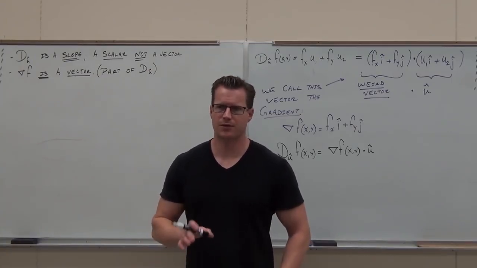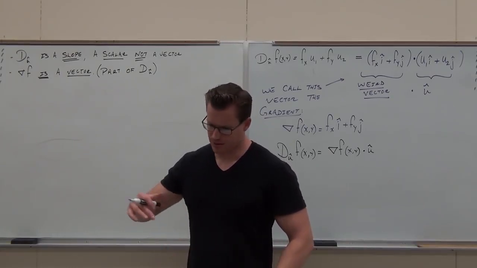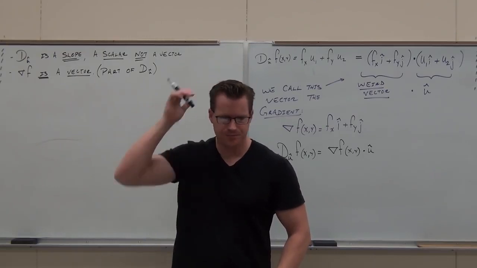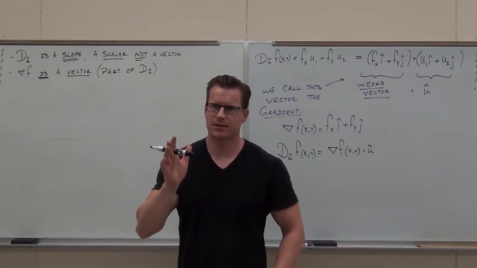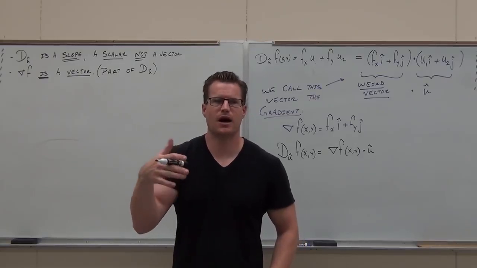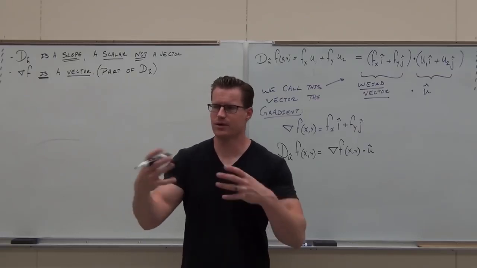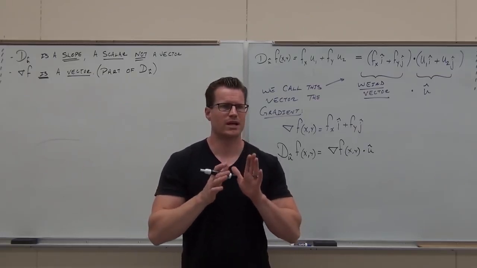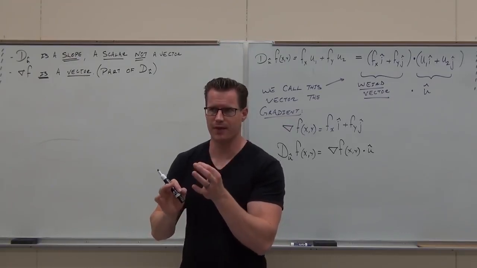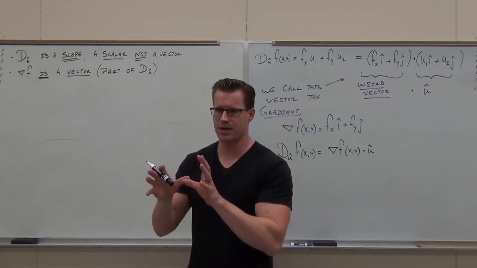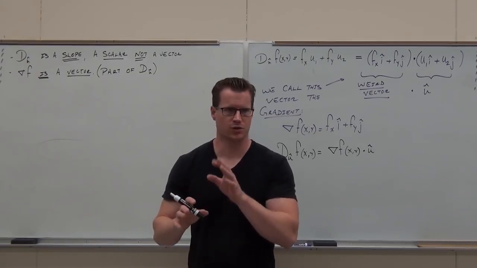Here's how I want you to think about the gradient. What the gradient does, it's clearly a vector, but it gives you the vector of the climb of the surface. That's how I want you to think about it. The gradient, keyword there is grade. It gives you the rate of climb, or the vector for the rate of climb of your surface, and we're going to talk about that. So right now the statement I want you to make is the gradient refers to the grade of your surface.